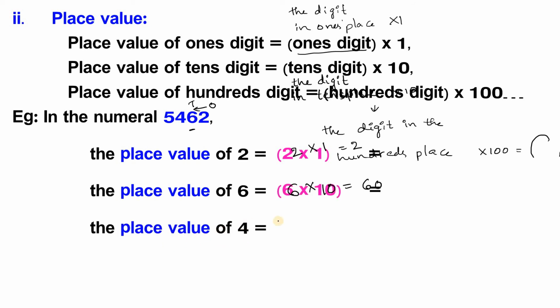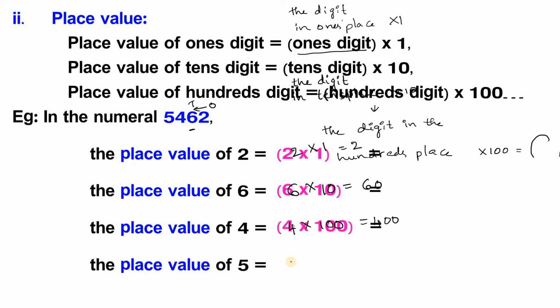Now seeing the place value of 4. 4 is in which place? Hundreds place, right? So 4 into 100 is equal to 400. Okay. The place value of 5. 5 is in which place?